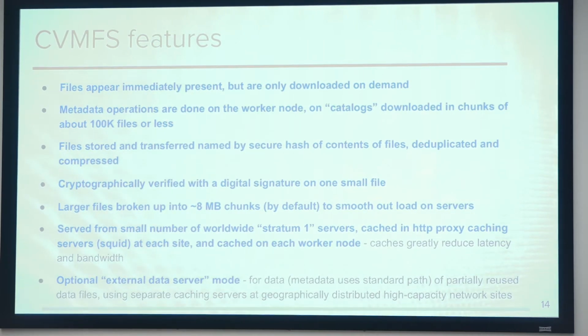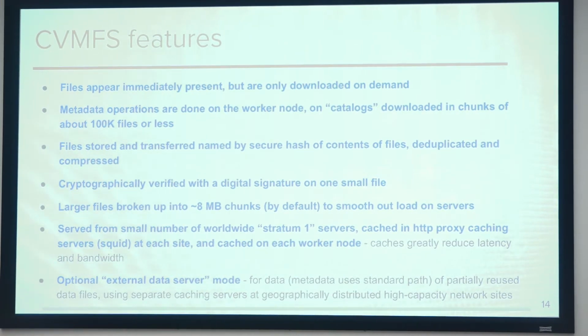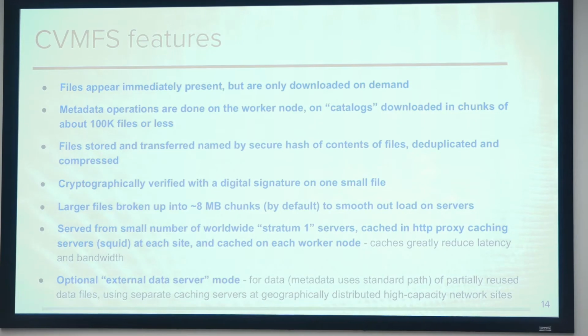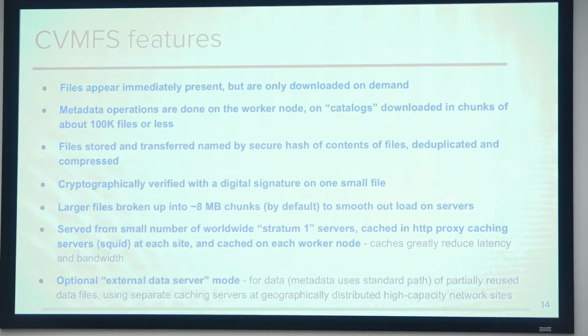The files are stored named by a secure hash of the contents of the file, so by definition they never change, and we also have the secure hash for security purposes. They also get deduplicated. There's an awful lot of duplication across different releases of software. There are an awful lot of files that are the same in each release, so they get shared, and that saves a lot of space.